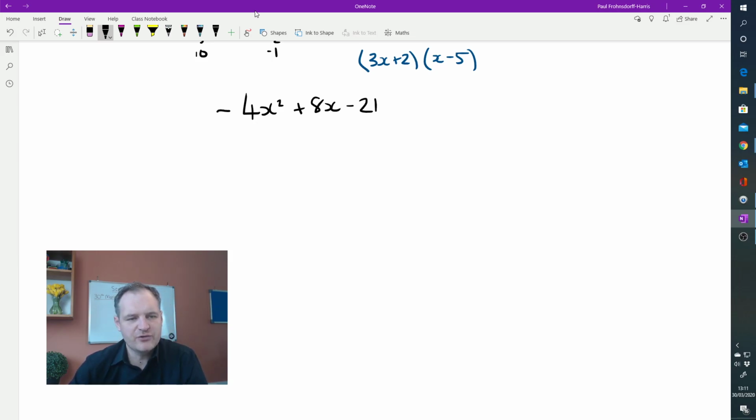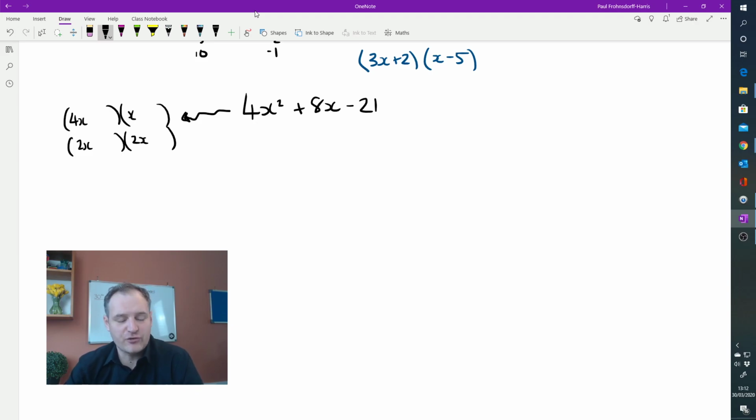So when I try and do this method I was going to do before, where I just put the brackets out, it could be 4x and x, but it could also be 2x and 2x. So because of that, I'd have to try so many different combinations. You can imagine, once this number gets bigger, there's even more combinations.